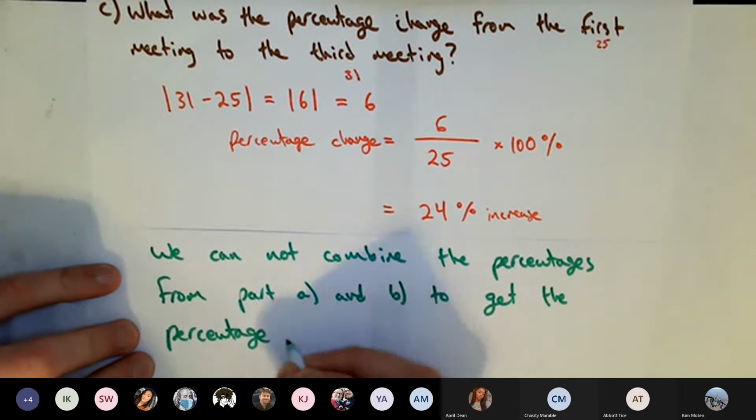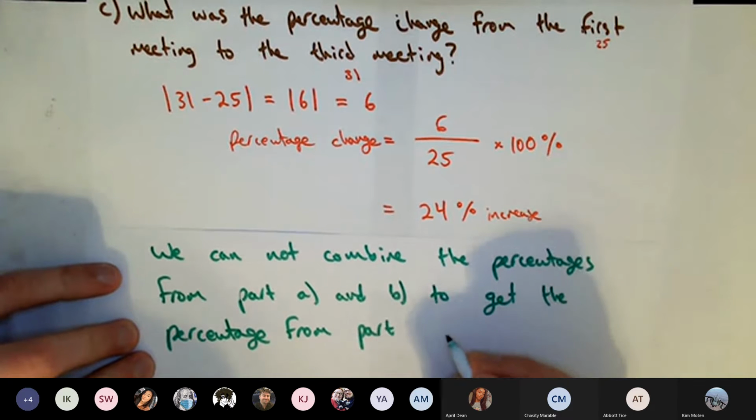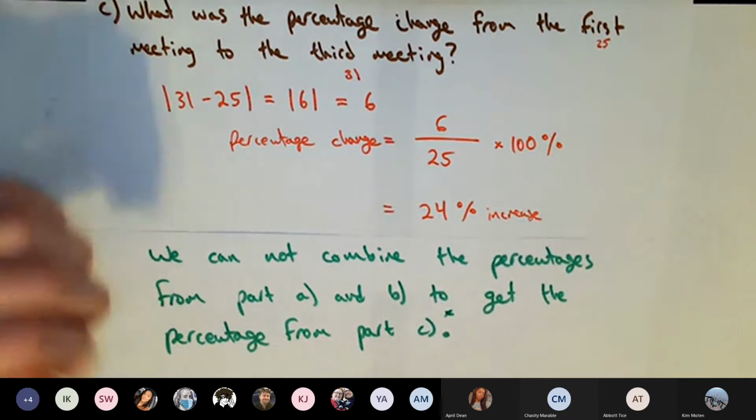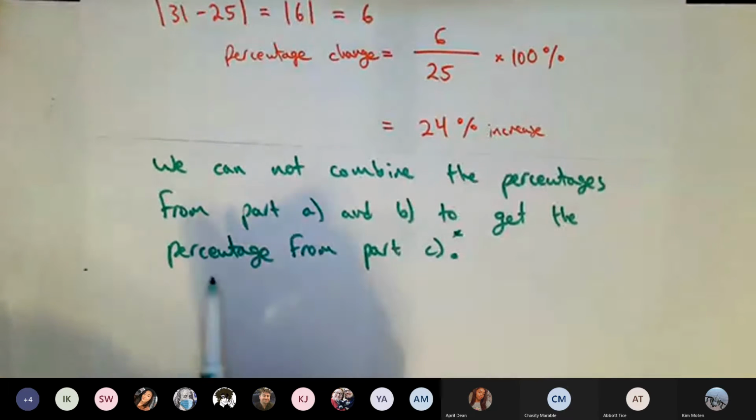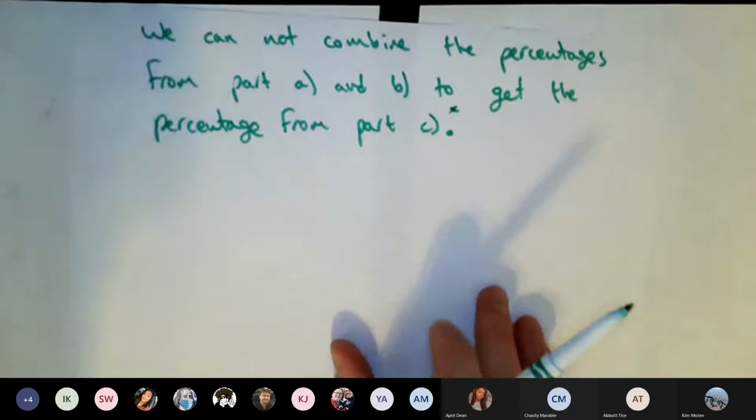So why is that? Because you would think that maybe they're related somehow. Okay. We cannot combine the percentages from part A and B to get the percentage from part C.